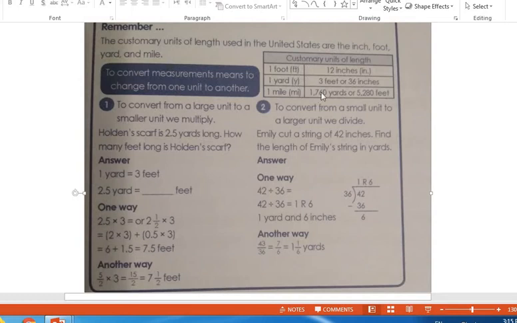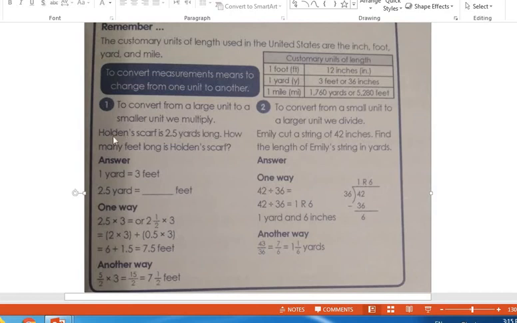This table is very important. 1 foot equals 12 inches. 1 yard, 3 feet or 36 inches. 1 mile, 1,760 yards or 5,280 feet. I will give you this table in the exam. To convert from a larger unit to a smaller unit, we multiply.